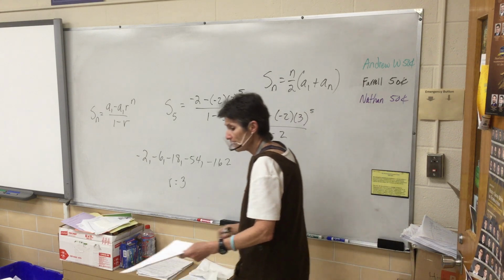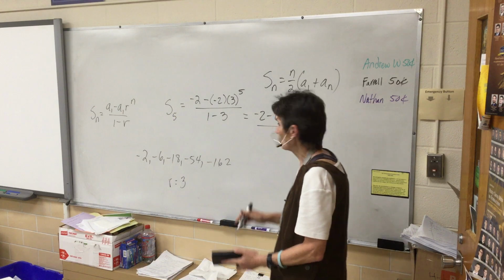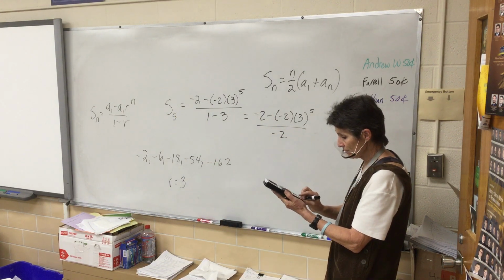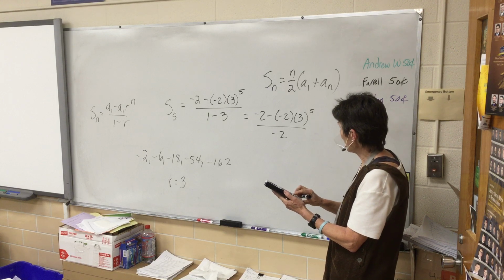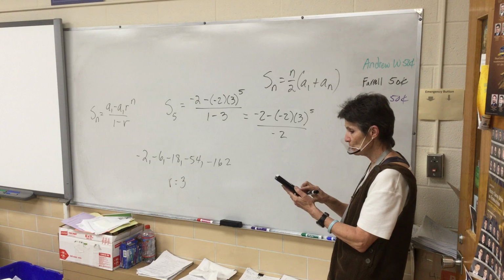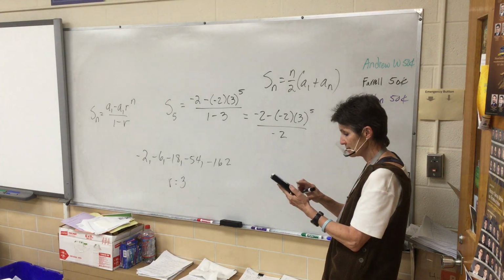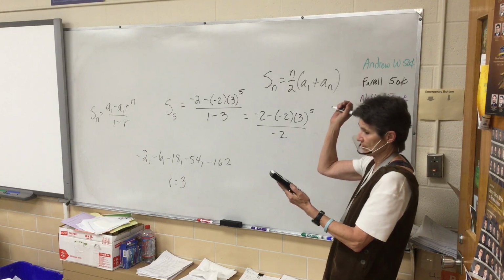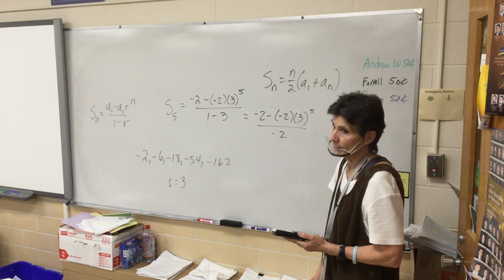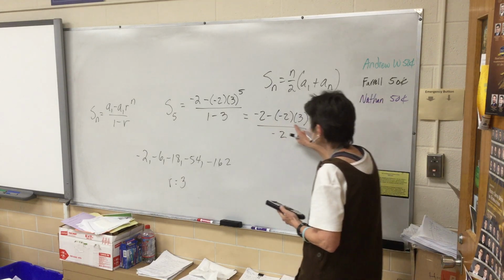I want you to type in the numerator exactly the way you see it right here. So negative 2 minus parentheses, negative 2, close parentheses, parentheses 3, close parentheses to the 5th, equals 484.